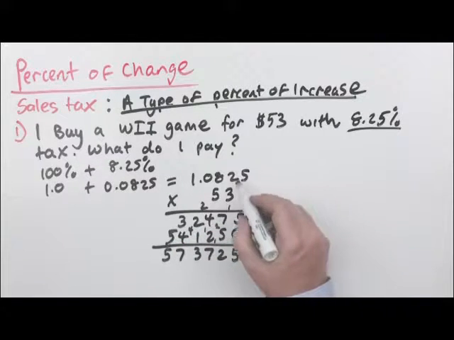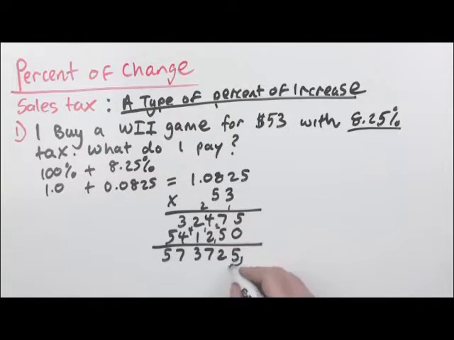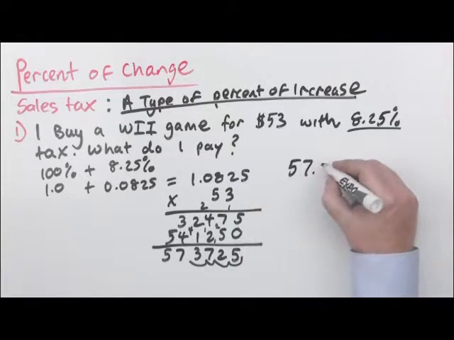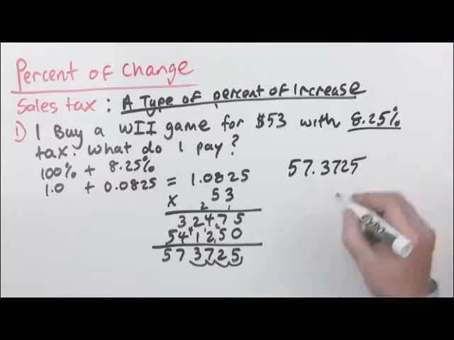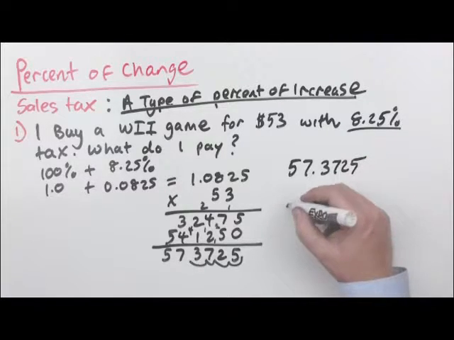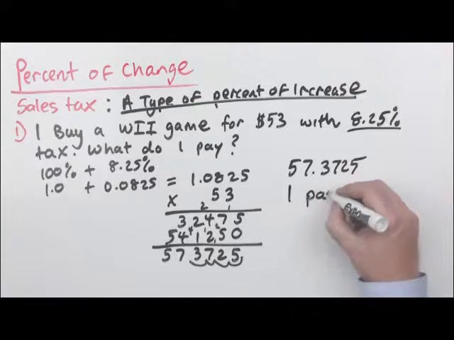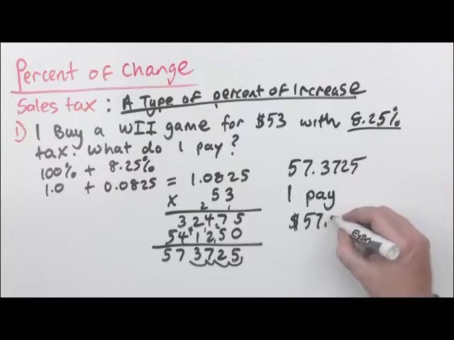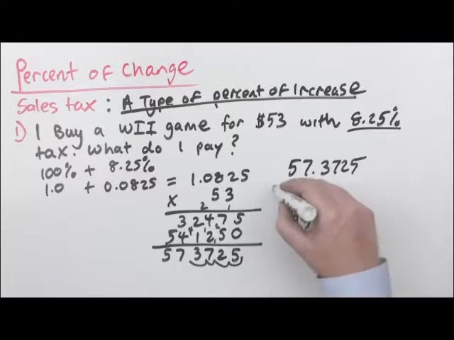Okay, and since we had four decimal places, going to count 1, 2, 3, 4. So that would be 57.3725. So the total amount I pay here in money, since it only has 2 decimal places, is I pay $57.37.